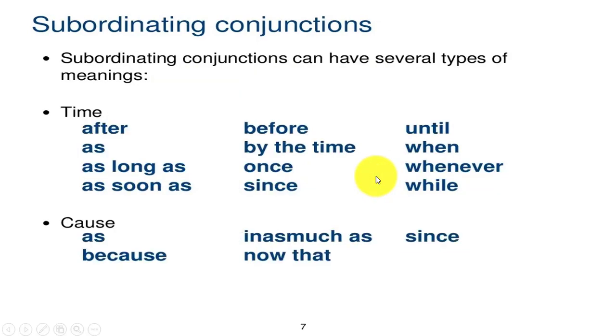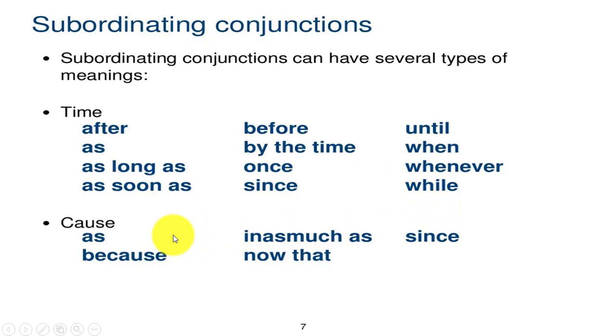Okay, the next on the slide: subordinating conjunctions can have several types of meaning. The first type is time. The time conjunctions are after, as long as, as soon as, before, by the time, once, since, until, when, whenever, while.